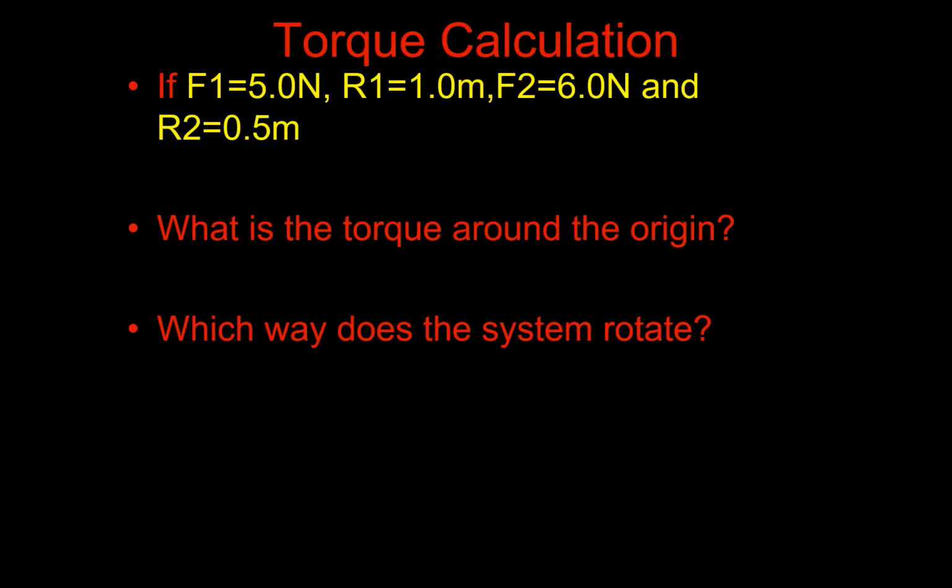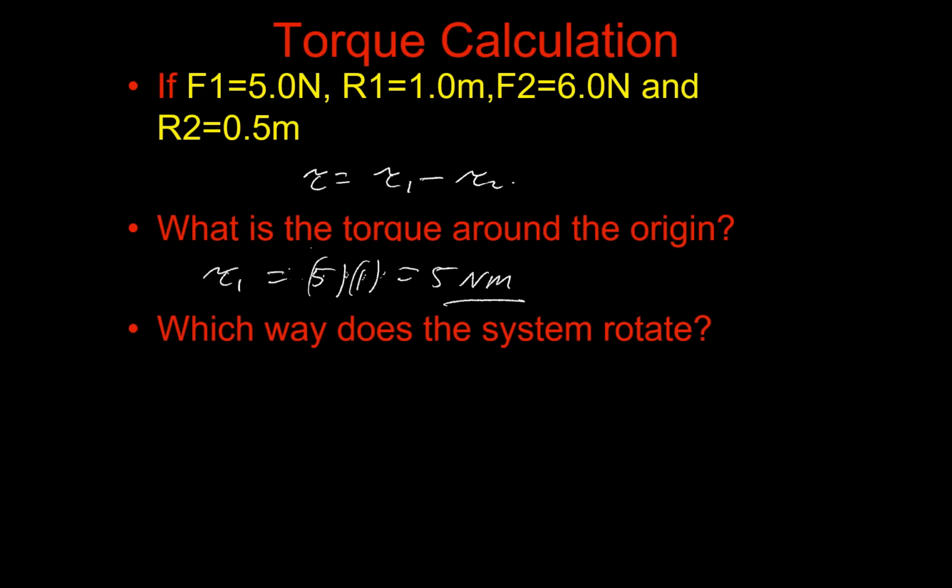So let's put some numbers to it. If F1 is 5 newtons and R1 is a meter, F2 is 6 newtons and R2 is 0.5 meters. What's the total torque around the origin? Well, the torque, as we just specified in the previous slide, is tau 1 minus tau 2, torque 1 minus torque 2. So what's the torque around the origin? Well, it's going to be 5 times 1, which is going to be 5 Newton meters.